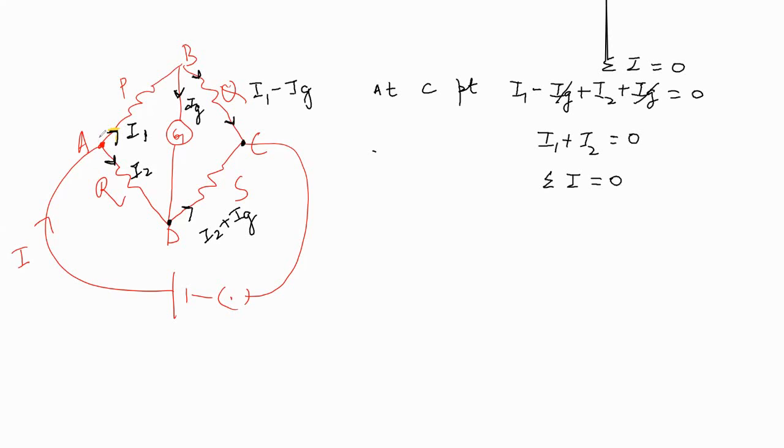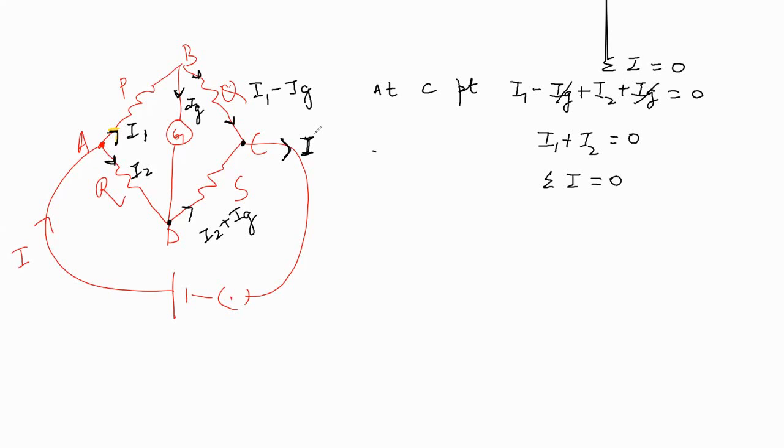Current entering at A point is I and current coming out from C point is also I. I1 plus I2 is equal to I. So easily you can see whether you have done the correct resolution or not.